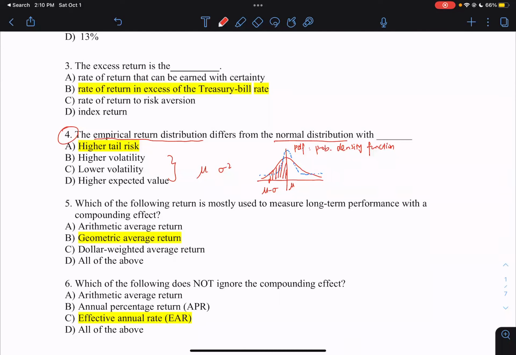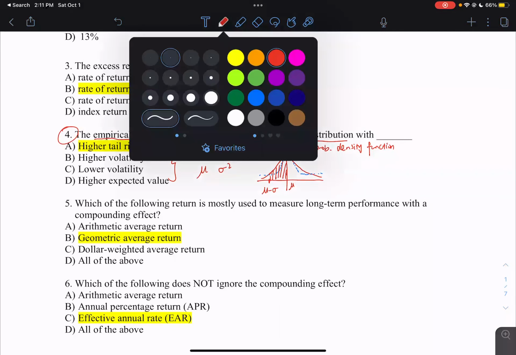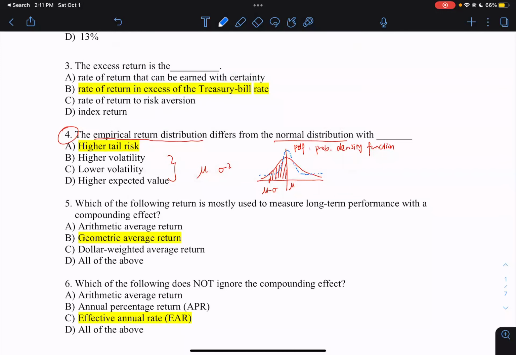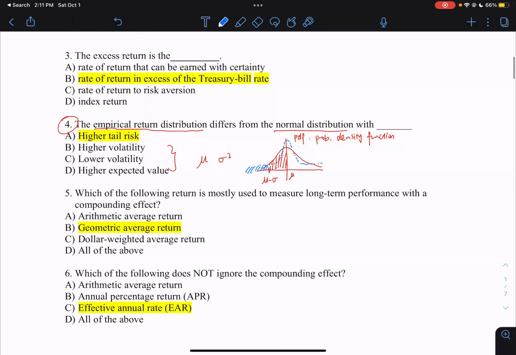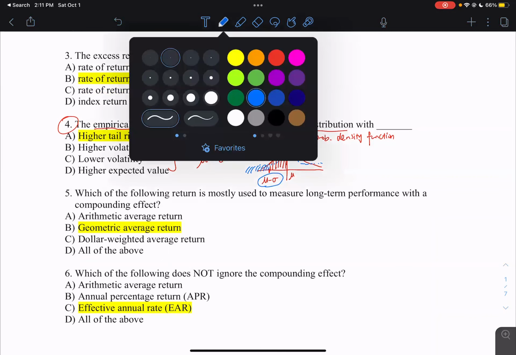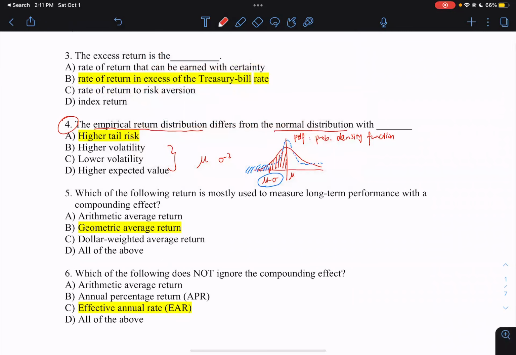So what tail risk means is that, compared to the normal distribution, the probability that your return is going to be below, for example, mu minus sigma is a little bit tiny.